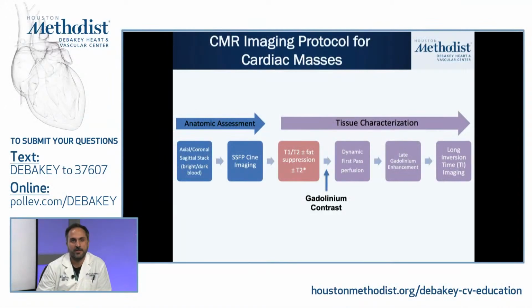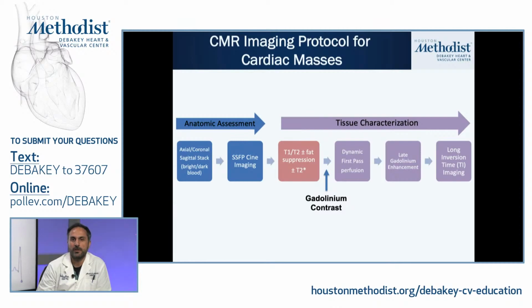For the anatomic assessment, we do all the standard cuts: axial, coronal, sagittal stacks. We also do cine imaging using the standard planes that we know from echo, 3-, 4-, and 2-chamber views. But we also have the ability to choose new planes that are targeted specifically at the mass, unconventional planes, I should say.